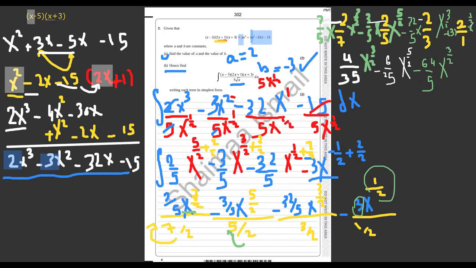Then the last term, minus 6x to the power half. And we did it, the integration. 6x to the power half.